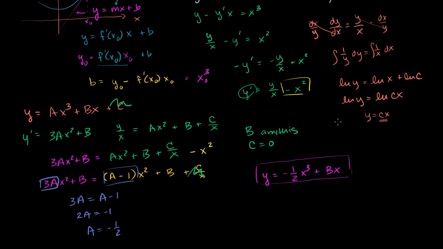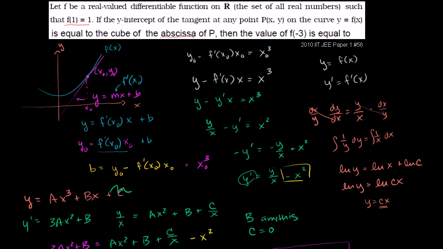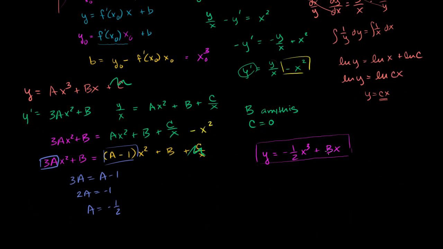And they gave us some information. They told us in the problem that f of 1 is equal to 1. And so we can use that information to solve for b. So when x is equal to 1, y is equal to 1. So we get 1 is equal to negative 1/2 times 1 plus b times 1, which is just b.